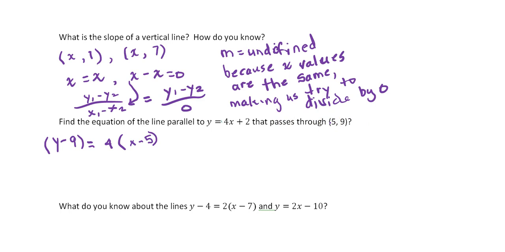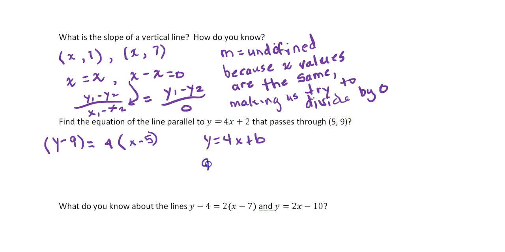If you're like, okay, I absolutely hate the point slope form, I'm not going to use that, I want to use my slope intercept form, here's how we would go about addressing that. I'm going to replace the 2 with a b, so y equals 4x plus b, since it can't have the same intercept. We're going to plug in the 9 and the 5.